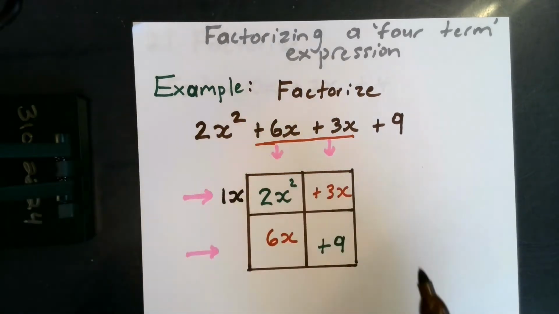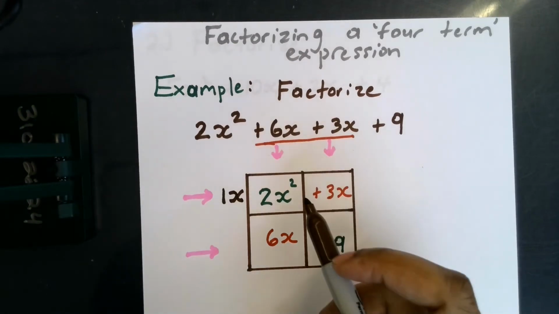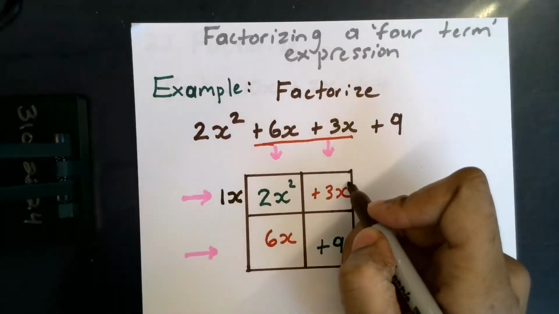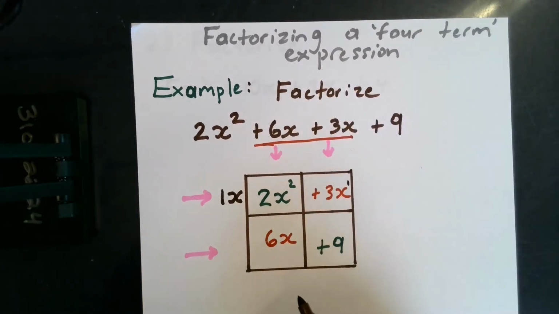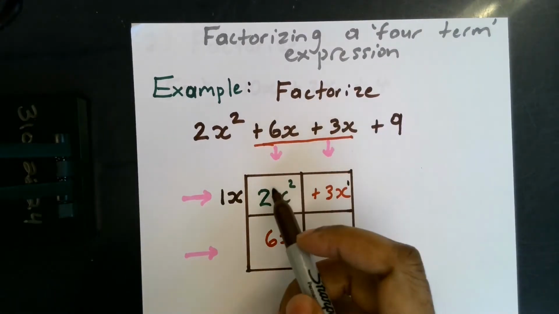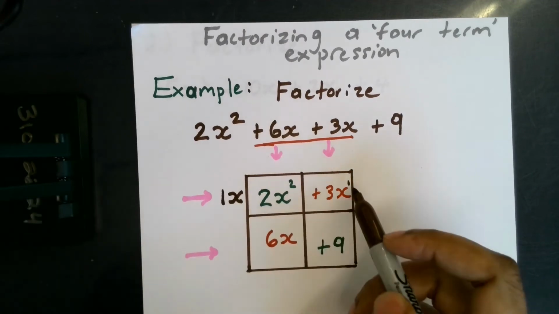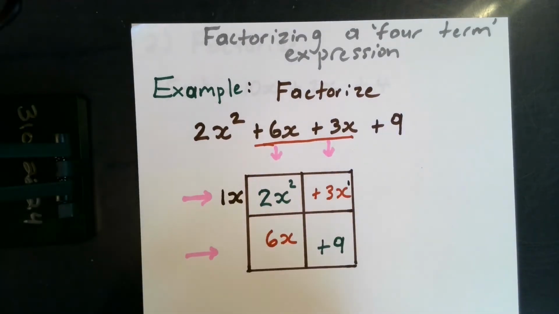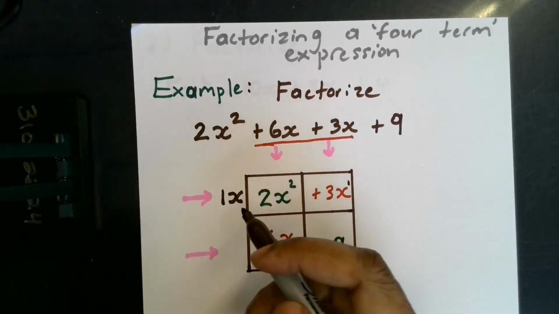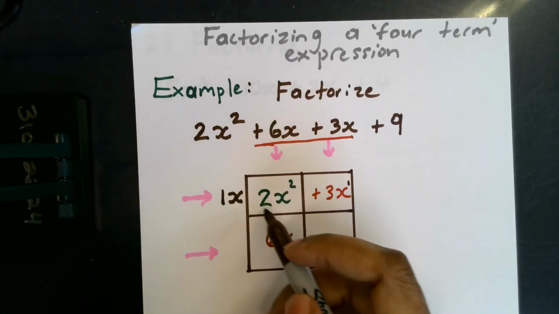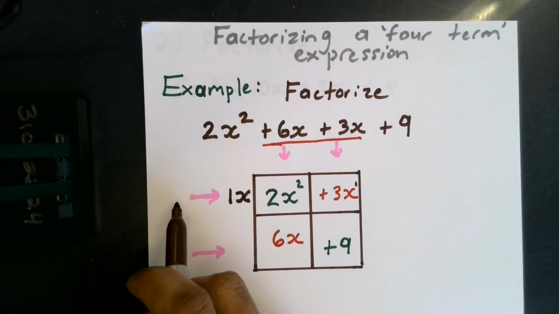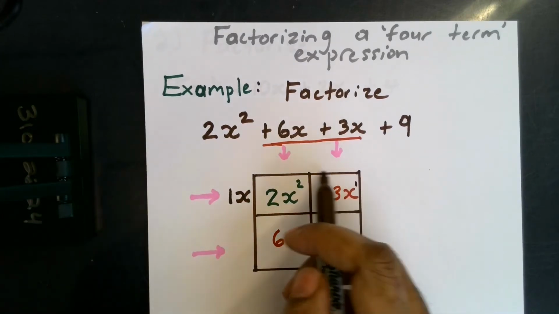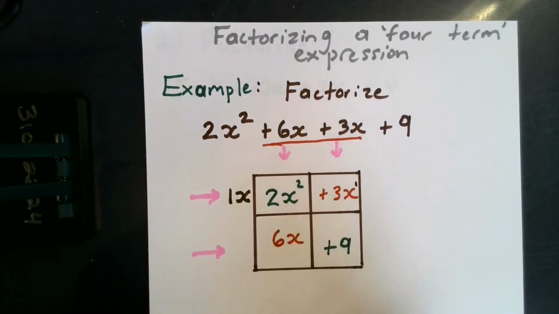I said to you in a previous video that you choose the x with the smallest exponent. So the GCF of x squared and x is x. So our overall GCF of these two terms going in the direction of this arrow is 1x.